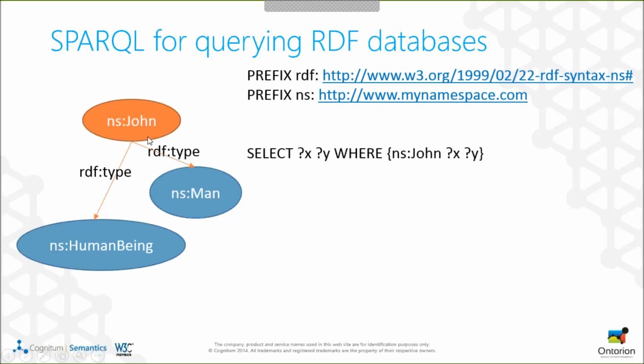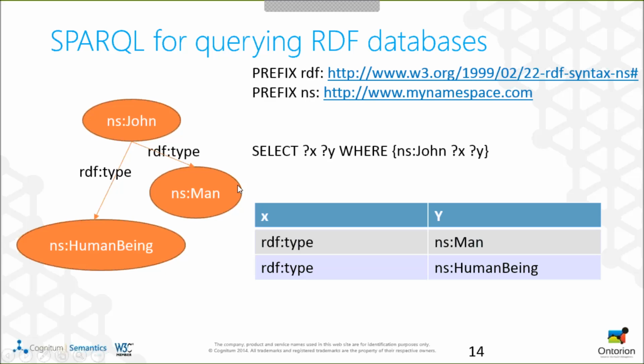So these are the question mark X links. And then it will find out that there are two nodes, so this will be the question mark Y, and it will retrieve this table. So you will get back that X is these two, and Y is these two. So this is just a really very simple example, just to show you what it means doing a SPARQL query.